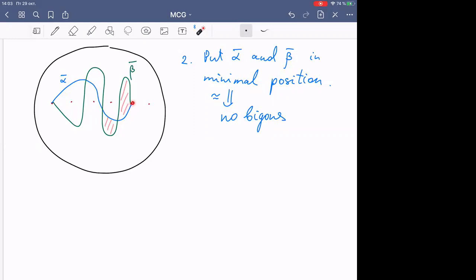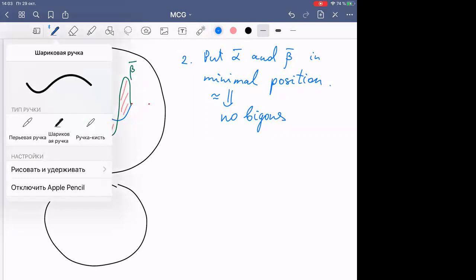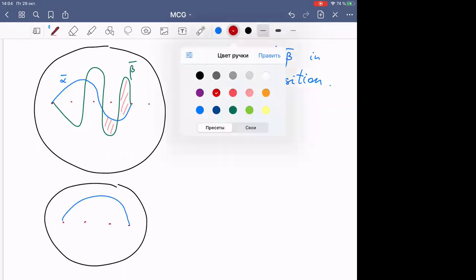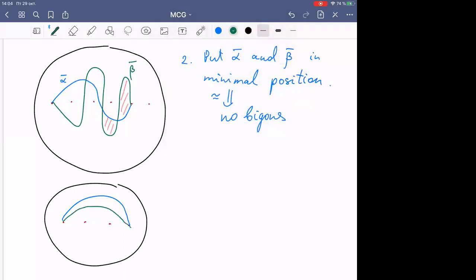It may contain one marked point here, or actually there is a third possibility, which is the easiest one: this bigon contains the whole, okay, we may have a possibility like that. This bigon contains two marked points.